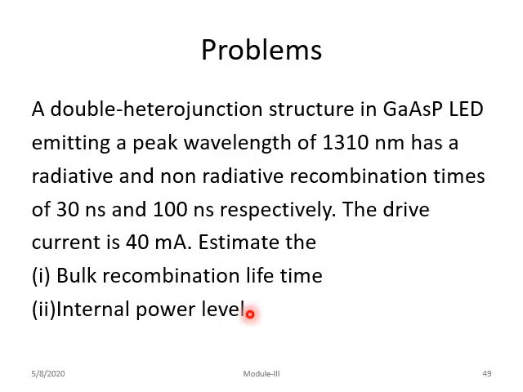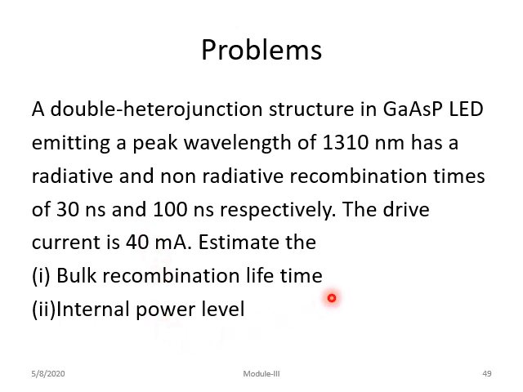This is one of the problems: a double heterostructure junction gallium aluminum arsenide phosphorus LED. The emitting wavelength is 1310 nm, and the radiative and non-radiative recombination times tau_R and tau_NR are given, along with the drive current. We have to estimate the bulk recombination lifetime and the internal power level.